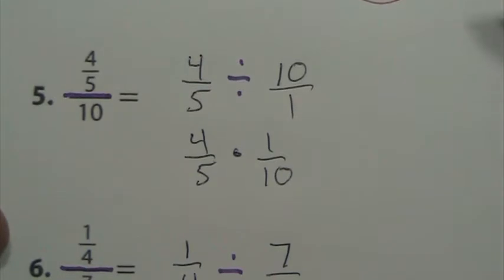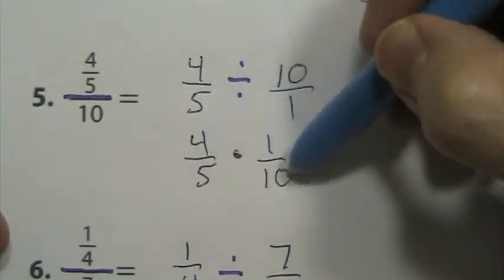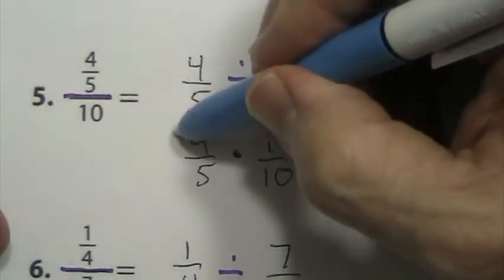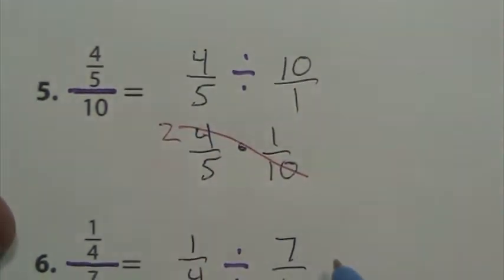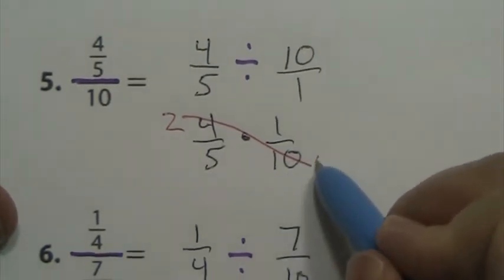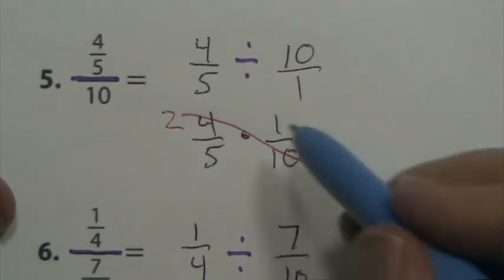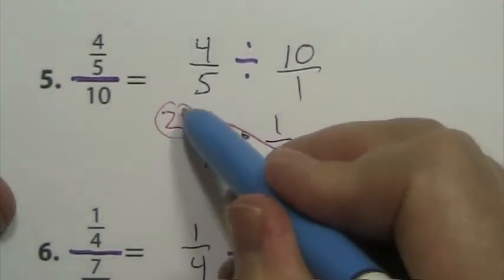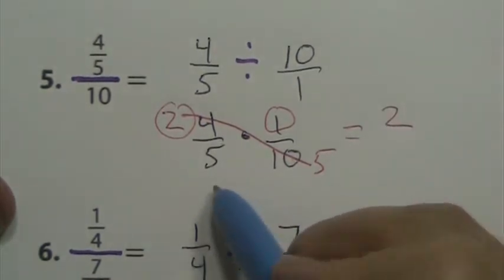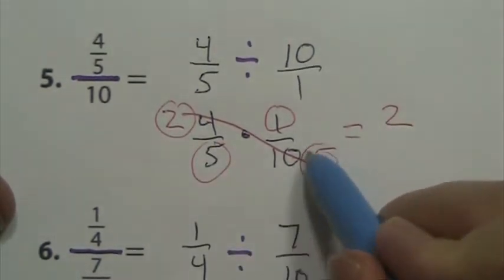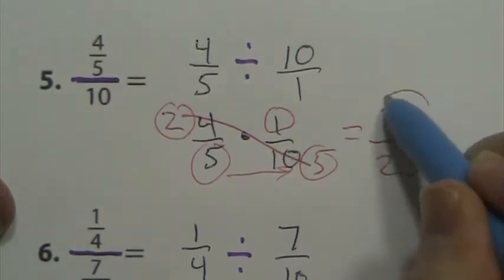I can if I want to, because I can see that 2 will go into both of these. 2 goes into 4 twice, and 2 goes into 10 5 times. All right, now I can just go straight across. I have a 2 and a 1. That's 2. I have a 5 times a 5. That's 25.